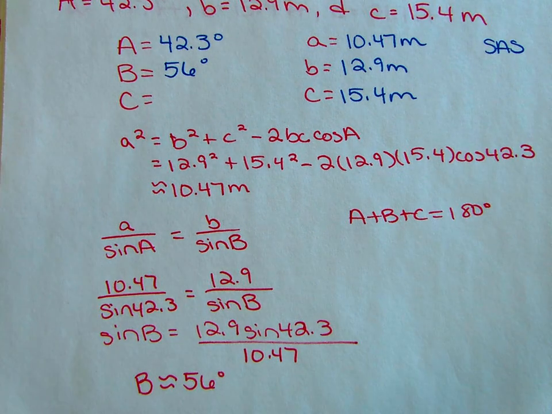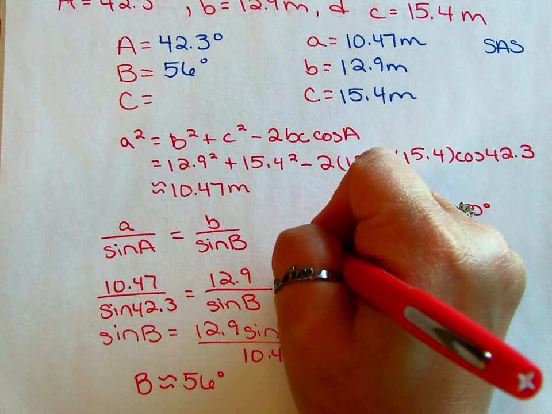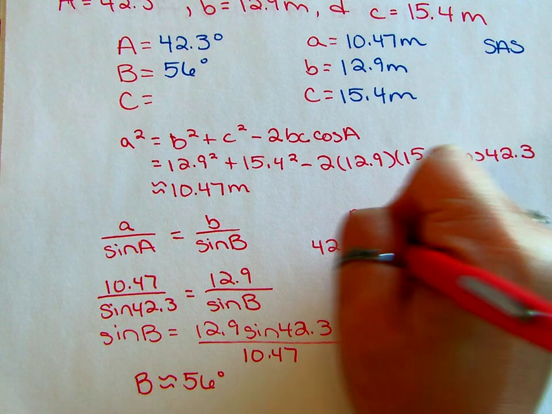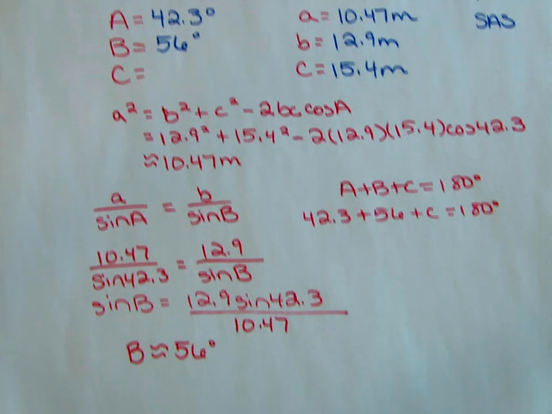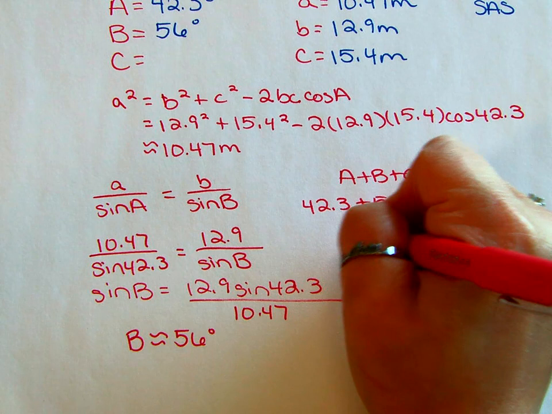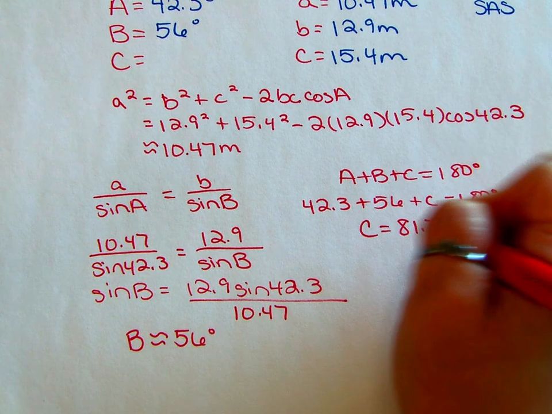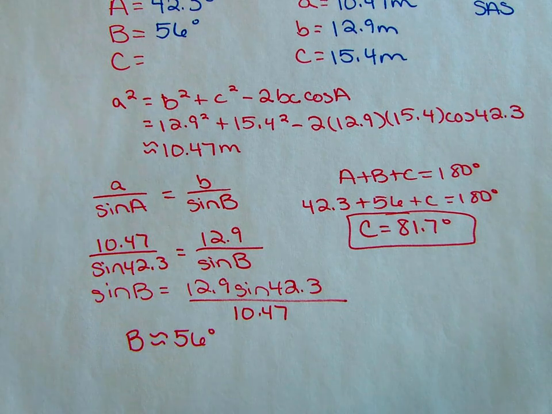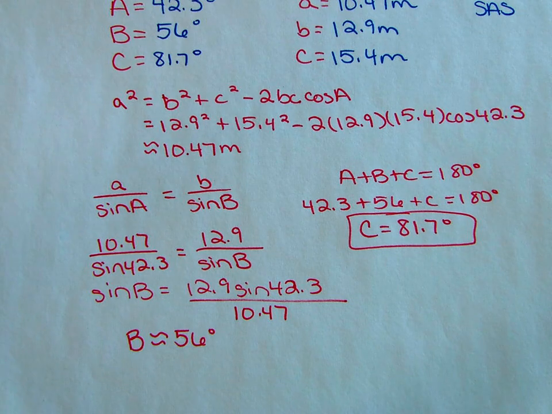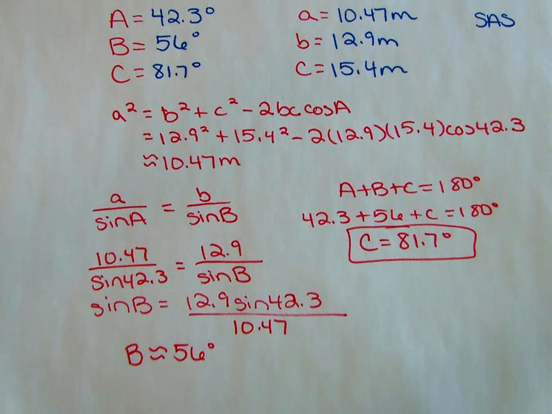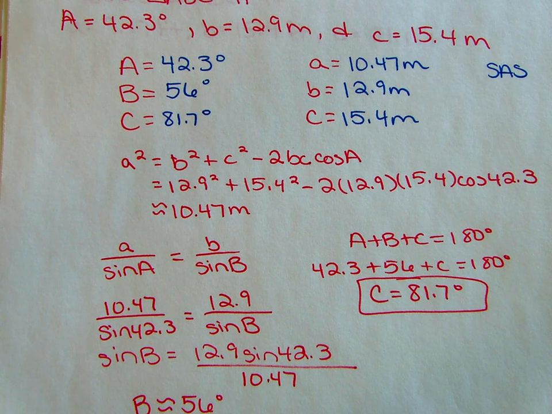And now that we know A and B, I can come up with C pretty easily. Only when I know the measure of all three sides and all three angles have I actually solved the triangle.